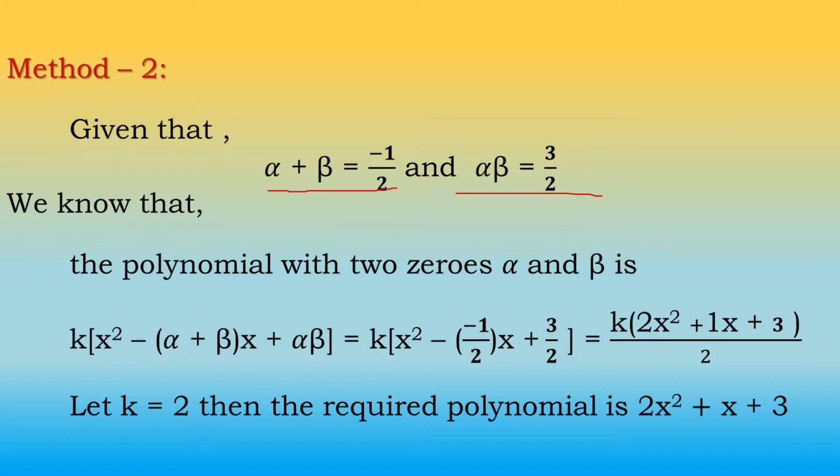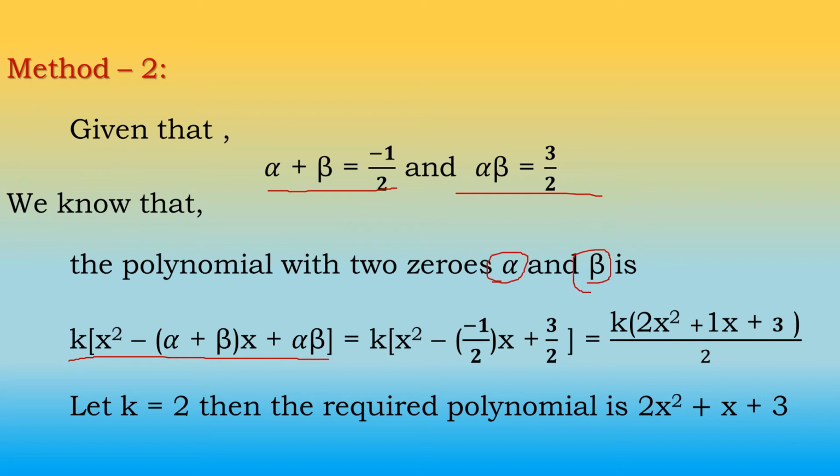To find a quadratic polynomial, we have a formula: k into x square minus alpha plus beta into x plus alpha into beta. This is the formula for finding a quadratic polynomial whose zeros are alpha and beta.